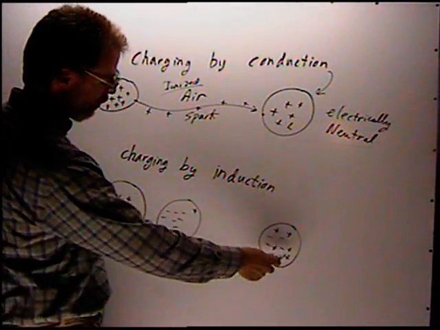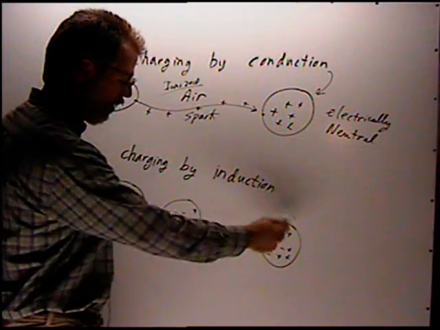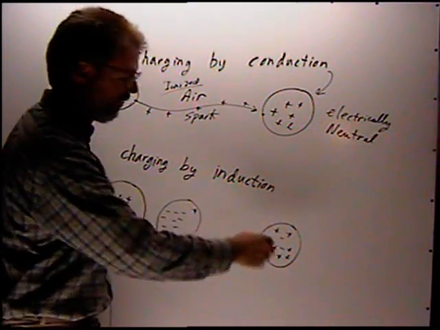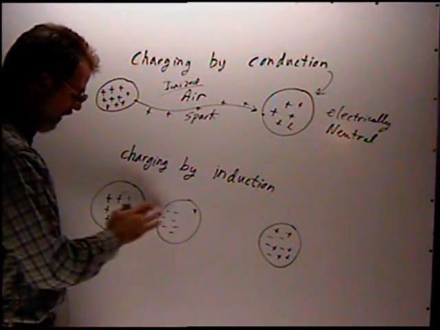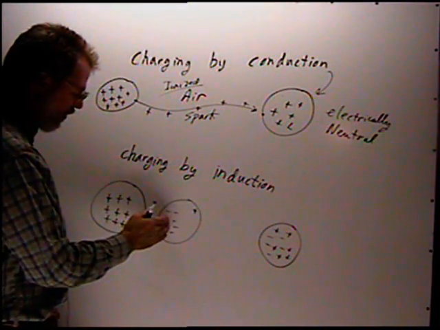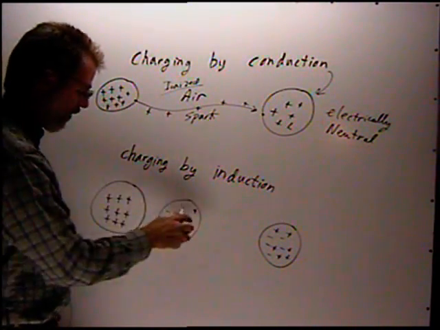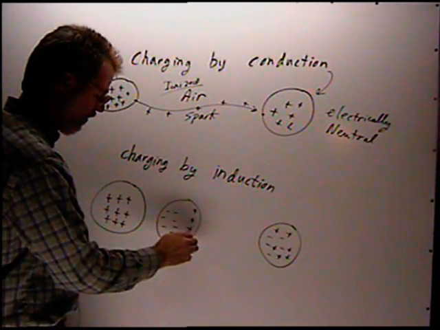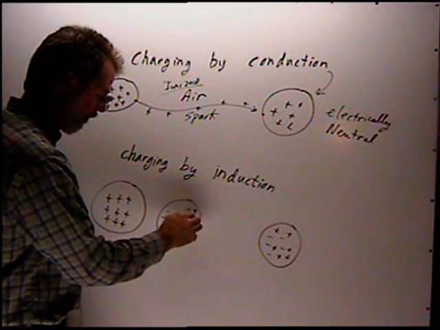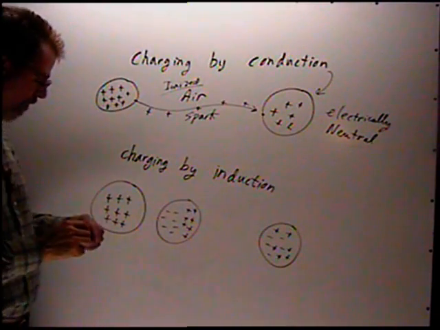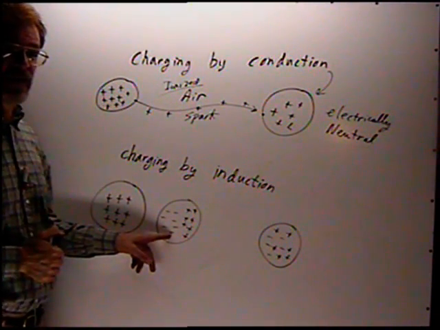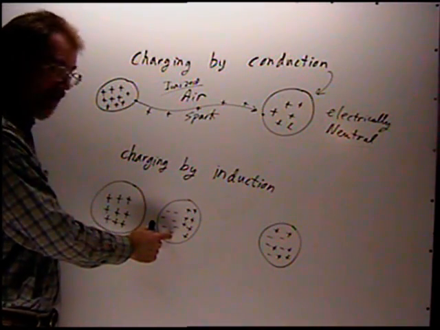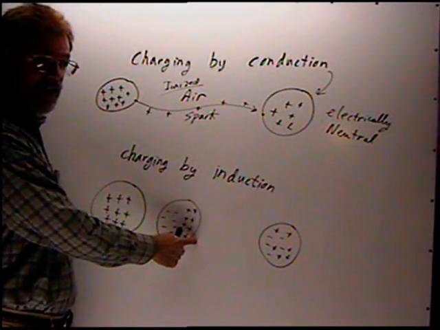It's not that there's zero charges. There's plus and minus charges in here, but they're uniformly distributed. But when this body comes close to it, the negative charges are attracted to the positive charges, and the positive charges get repelled. So we have just charged this object by induction. We've charged this side to one polarity and this side to the other polarity.